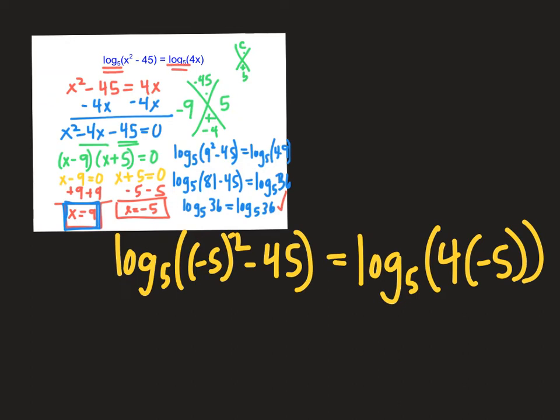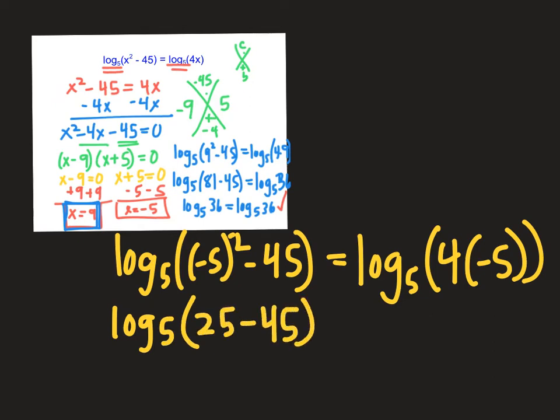Okay, if I square negative 5, I get 25. So we have log base 5 of 25 minus 45 equals log base 5 of negative 20. All right, 25 minus 45 gives me a negative 20.